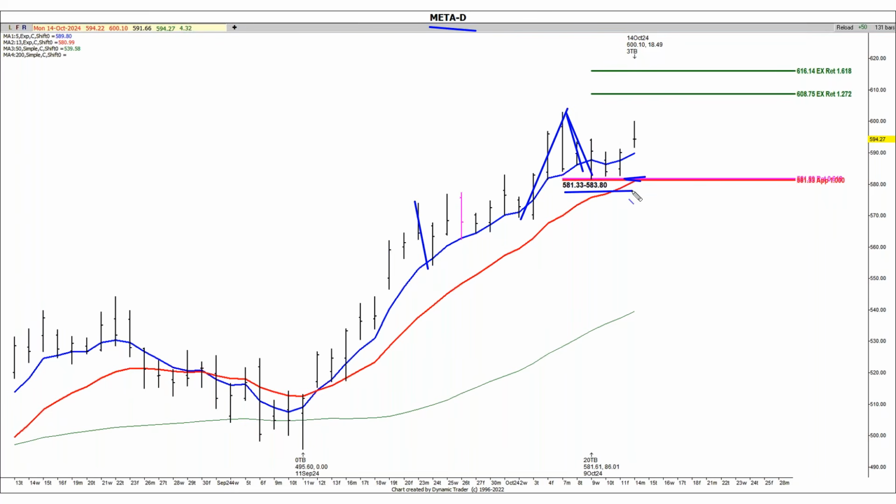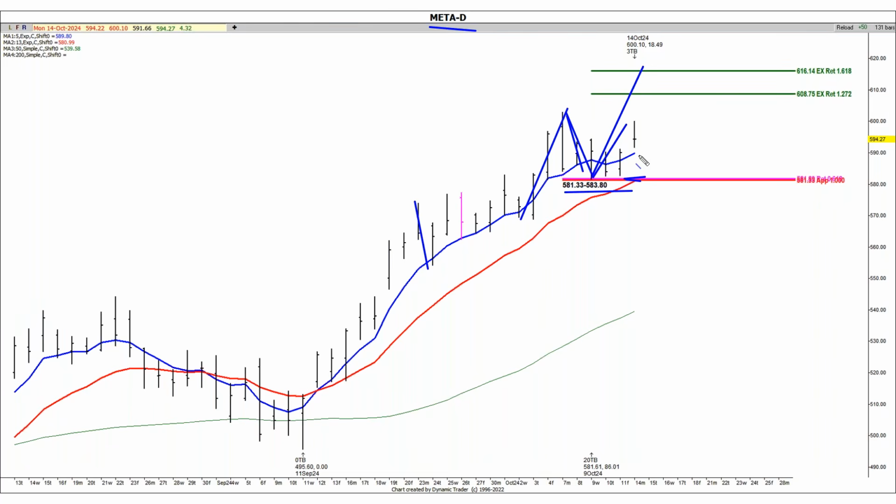Came in at 581.33 to 583.80. Actual low is 581.61, directly within the zone. And so far, we've seen a rally of $18.49, but our initial targets are 608.75 and 616.14.